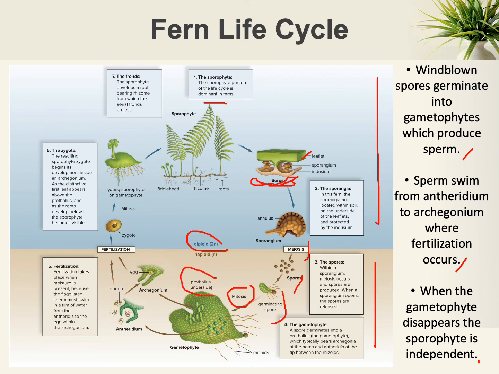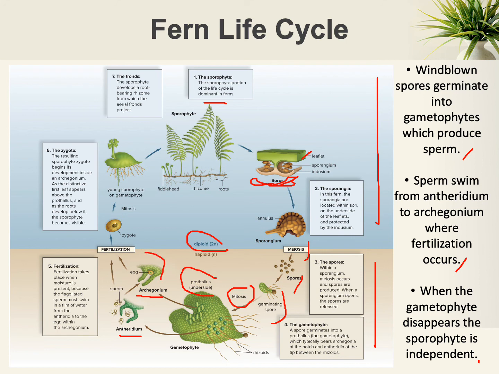A spore germinates into a prothallus, which is the gametophyte, and typically bears the archegonia at the notch and the antheridia at the tip between the rhizoids. So we have the antheridium, which is the male gametophyte, and the archegonium, which is the female gametophyte.